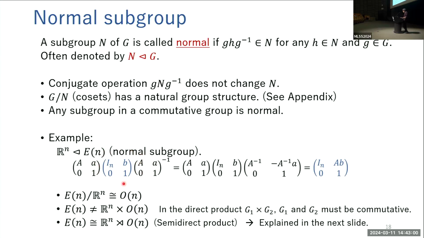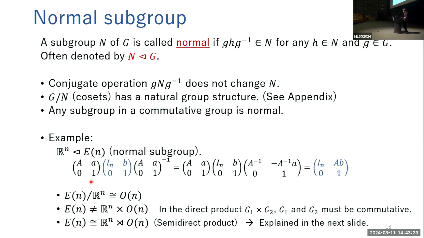The translation subgroup can be expressed in this way in the n+1 matrix notation, because the rotation part is just identity, and we apply just a shift to the existing vector.